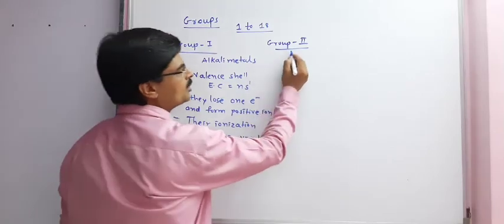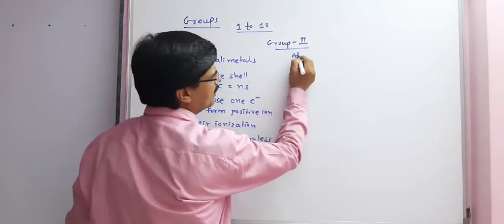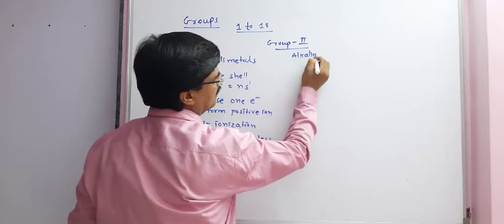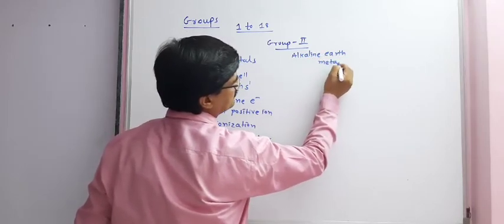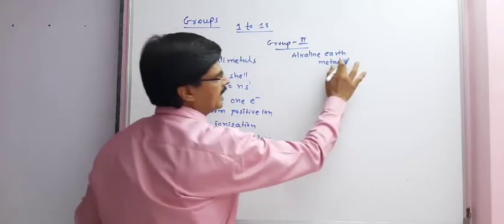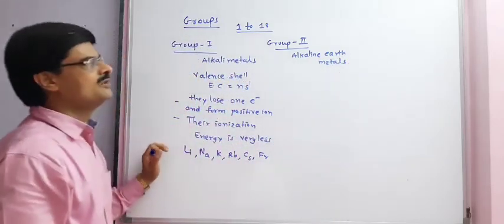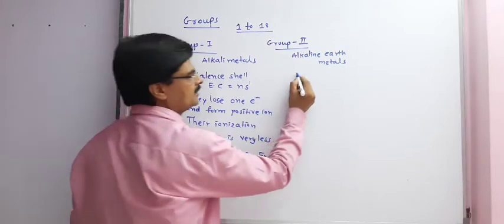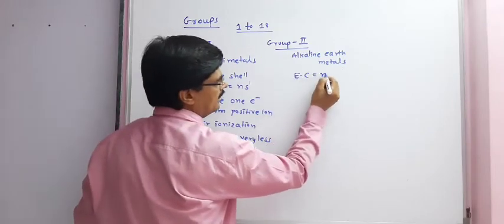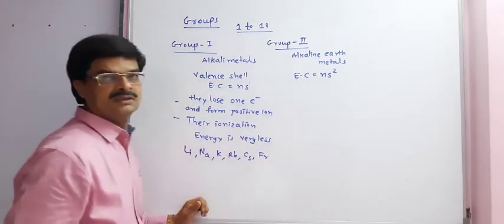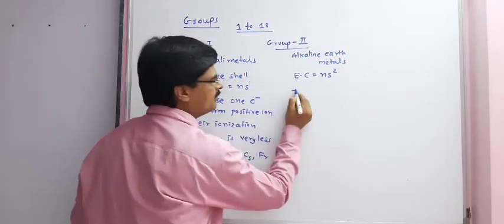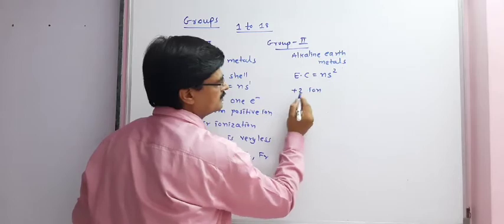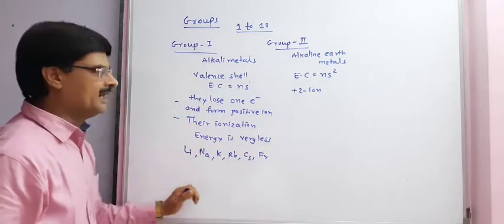Now group number 2. Group number 2 elements are also known as alkaline earth metals, and they have the general electronic configuration ns2. So they lose 2 electrons and form a positive 2 ion.